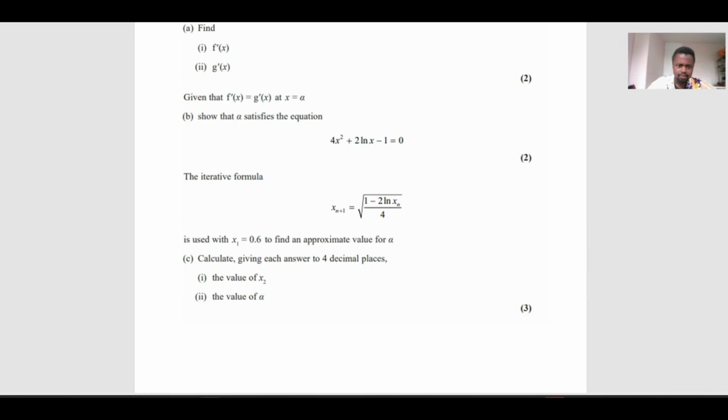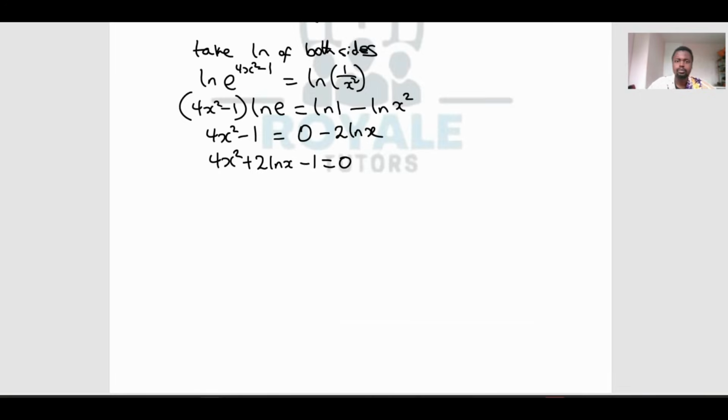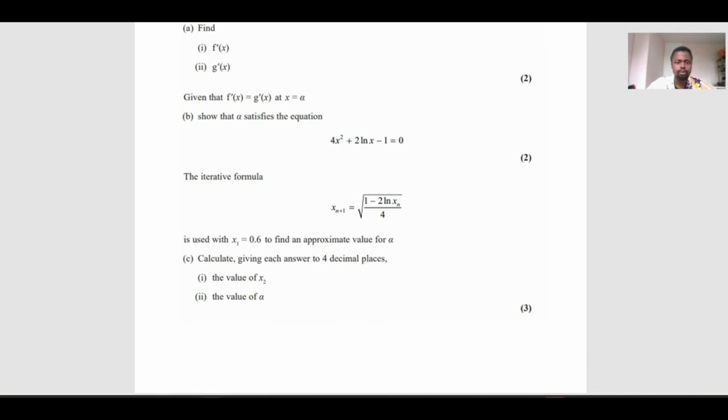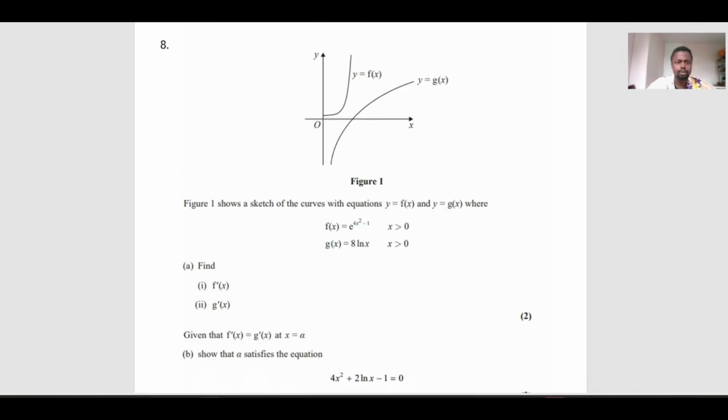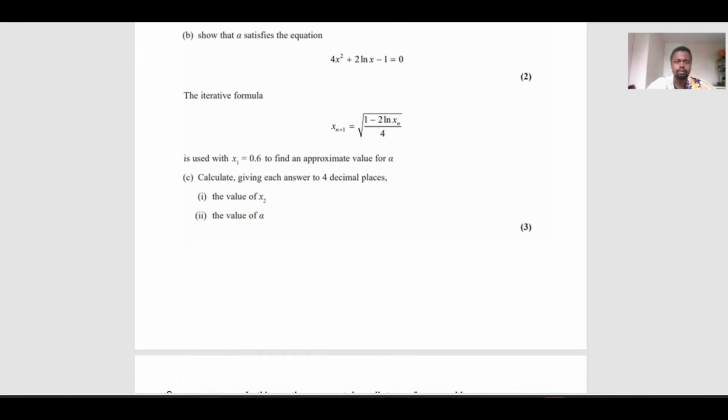Then it says the iterative formula is used with x1 equal to 0.6. Find the approximate value for alpha. All right, let's see. That's 8c now.